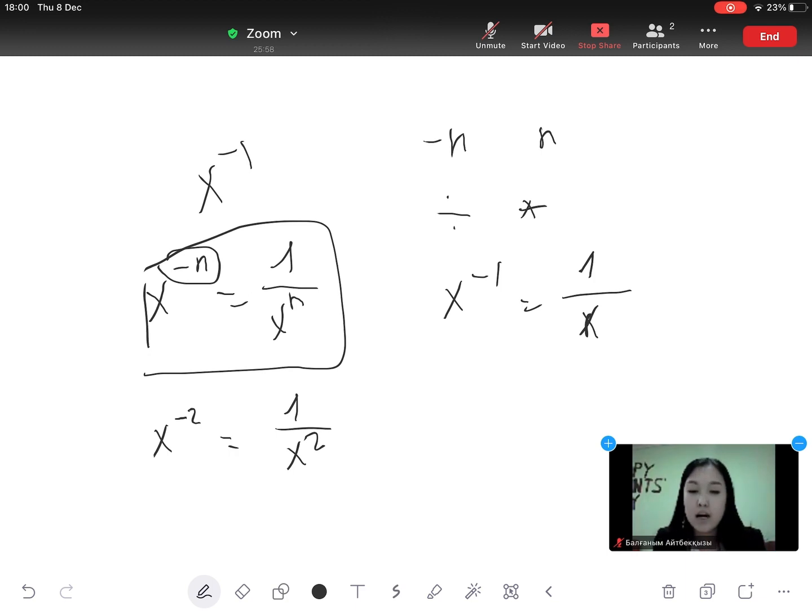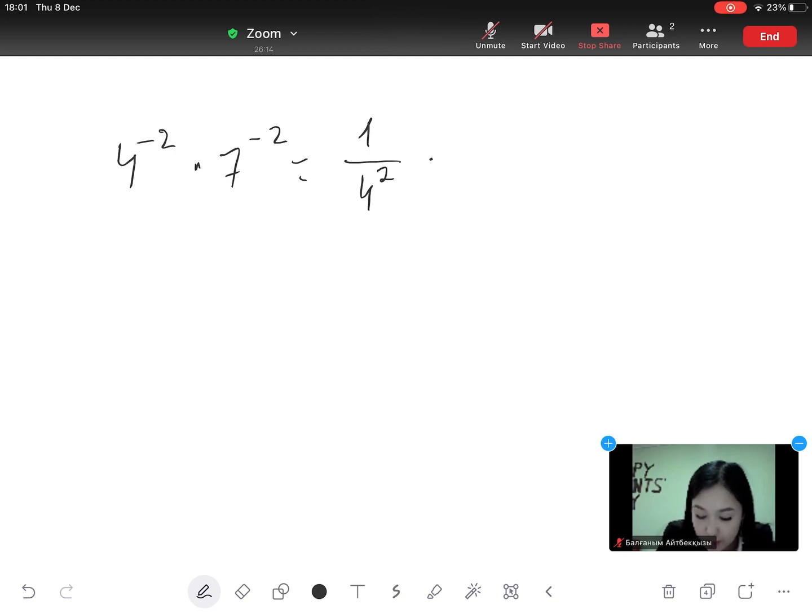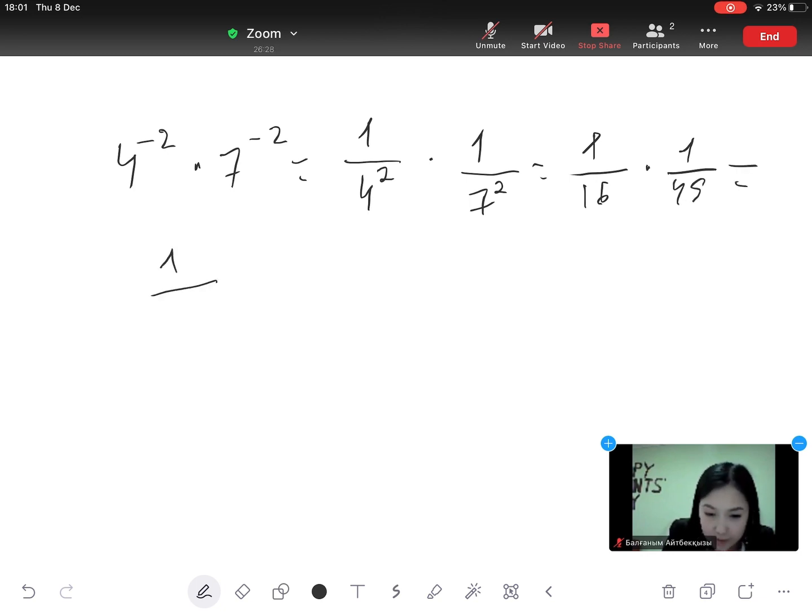Okay, here is an example that will help you see that's true. 4 to the power of -2 multiplied by 7 to the power of -2 equals 1 divided by 4 squared multiplied by 1 divided by 7 squared, which equals 1 divided by 16 multiplied by 1 divided by 49, which equals 1 divided by 784.